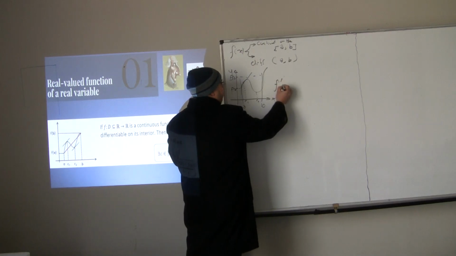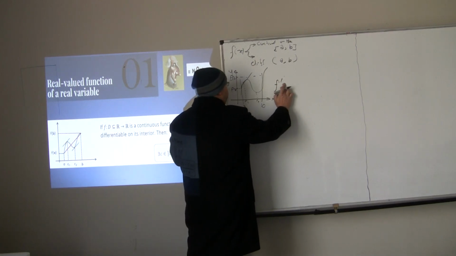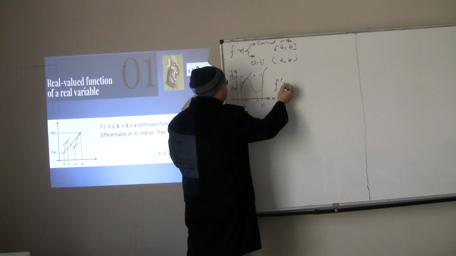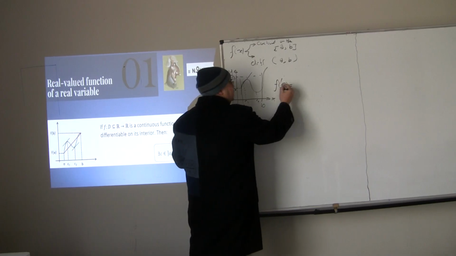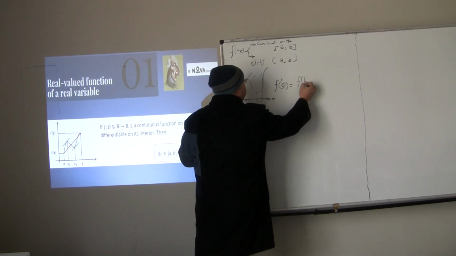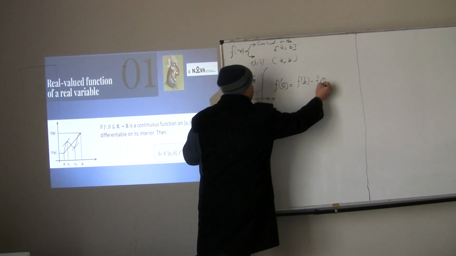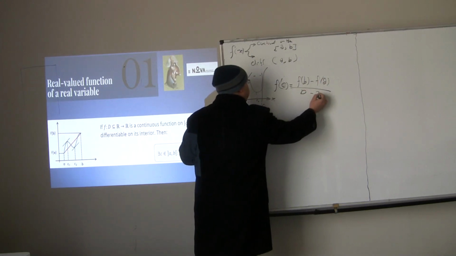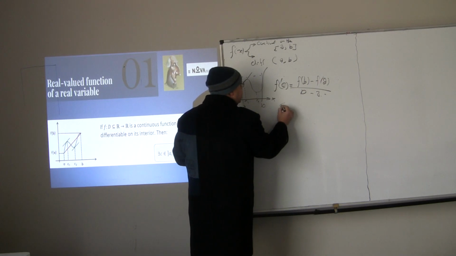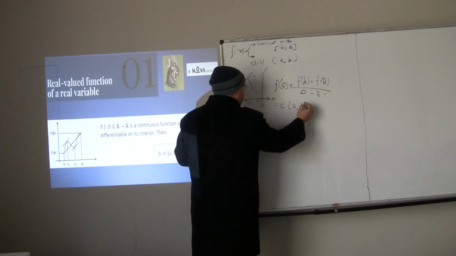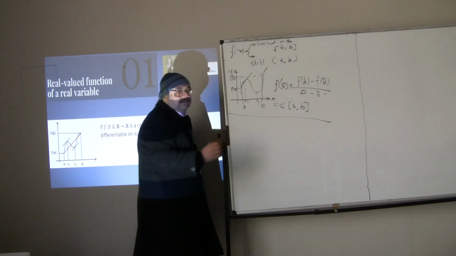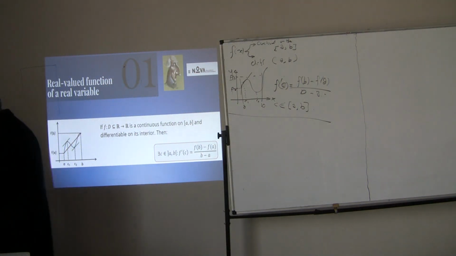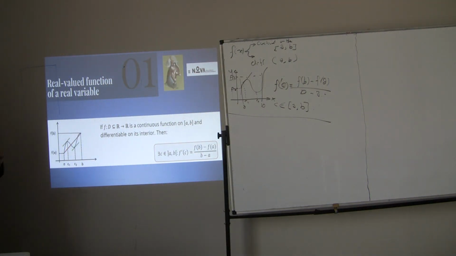This all comes from the rule itself, the MVT, which says that f dash c equals f of b minus f of a divided by b minus a. Of course, c belongs to the interval a and b. This is the exact definition of this. You should memorize it very well.